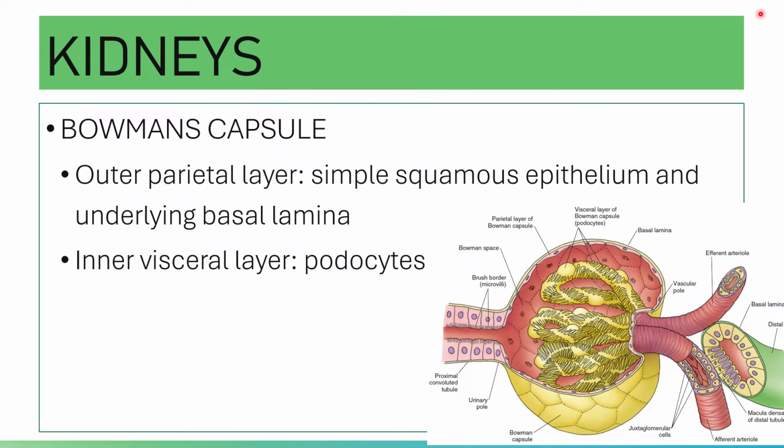Please note that these pedicels completely envelop most of your glomerular capillaries by interdigitating with pedicels from neighboring major processes. They completely encircle your glomerular capillaries by interdigitating with other pedicels of neighboring primary processes.